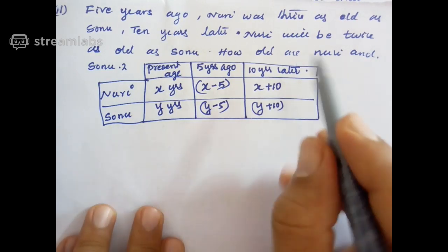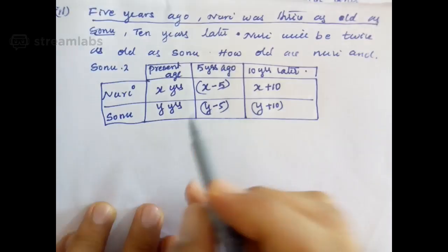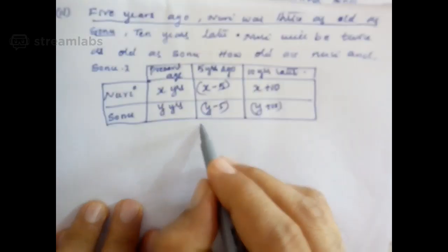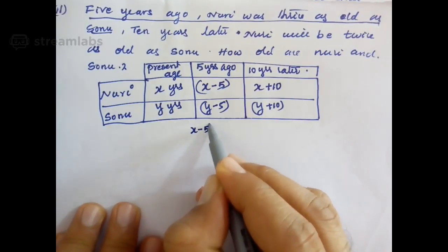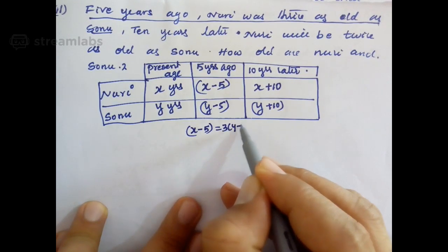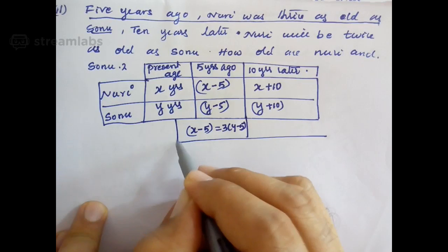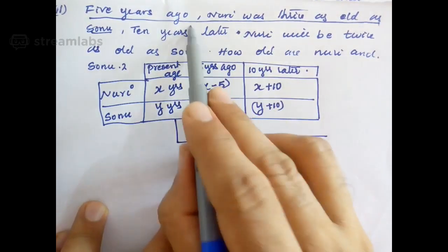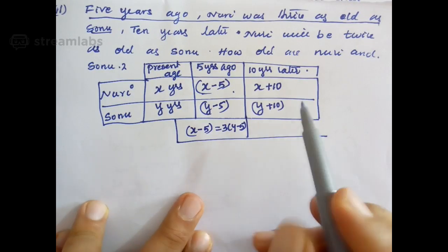Okay. Now see the first condition. 5 years ago, Noori was thrice as old as Sonu. So you have to take this condition. Correct?